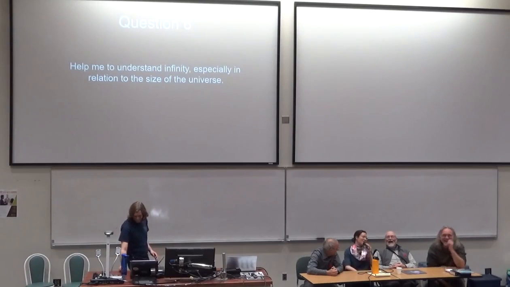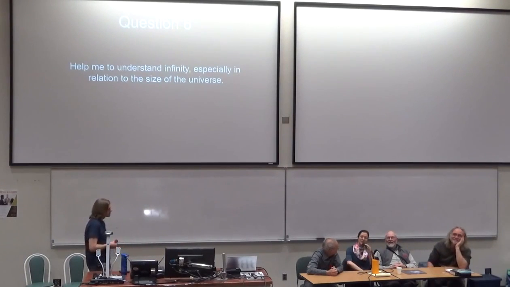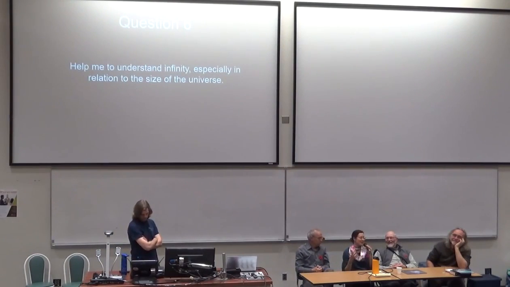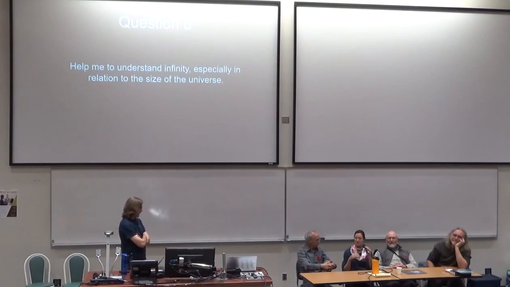Last point. I think that infinity, while kind of mind-boggling, is something that numerically is not unreasonable, right? If you were to say, okay, I'm going to count in integers, you could count forever. There are an infinite amount of numbers.